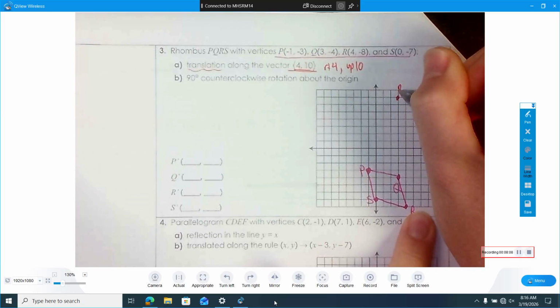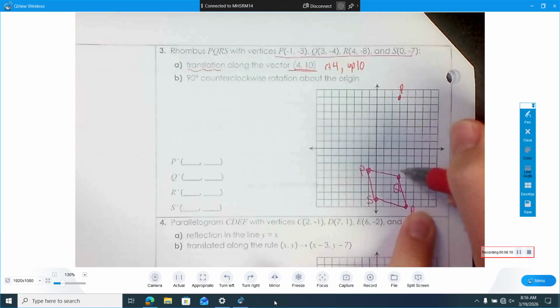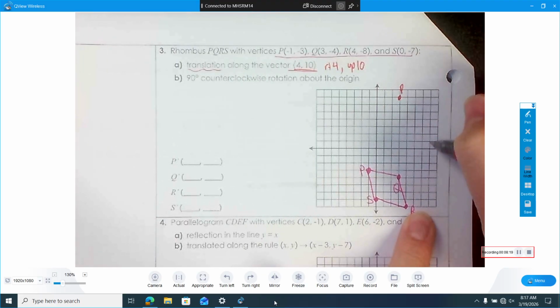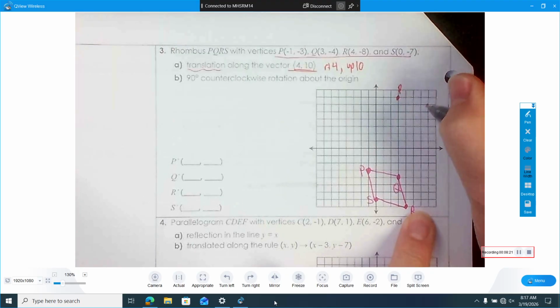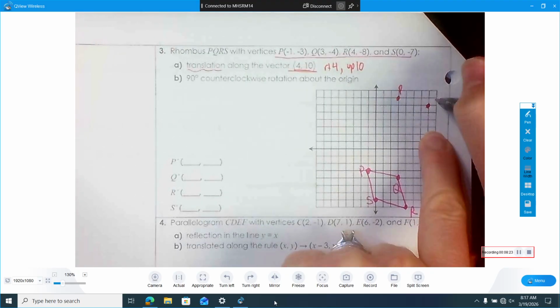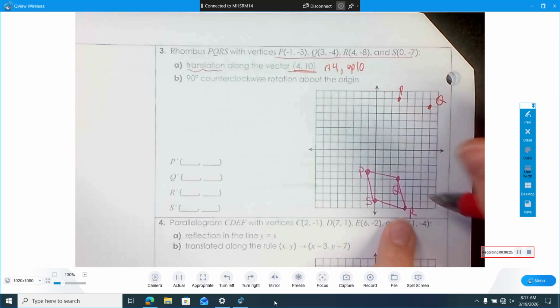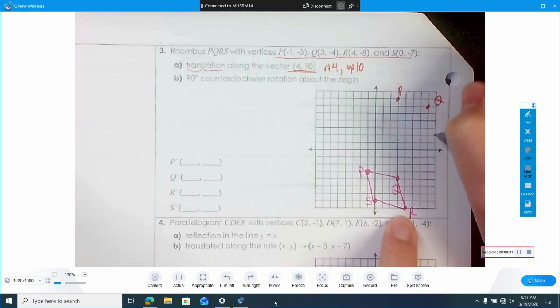Right here is P. Q goes right 4 and up 10. Right there is Q. R goes right 4 and up 10. Right there is R.